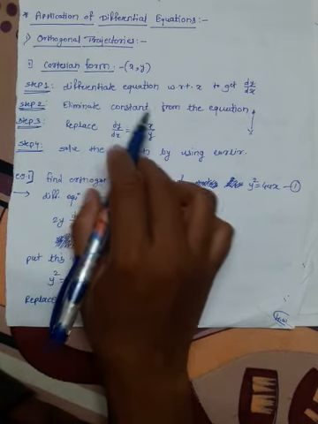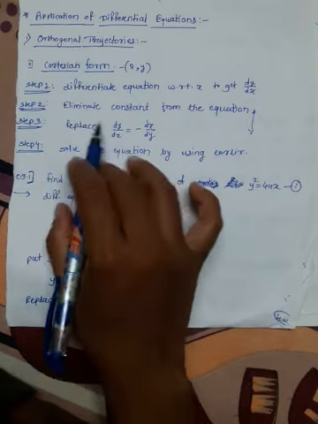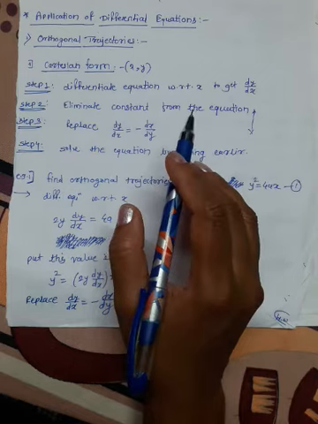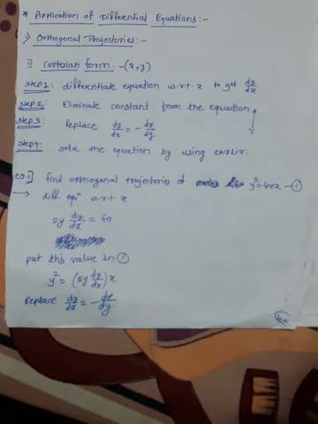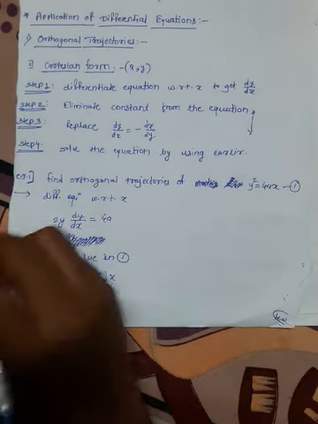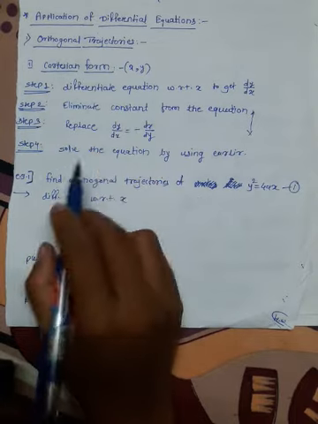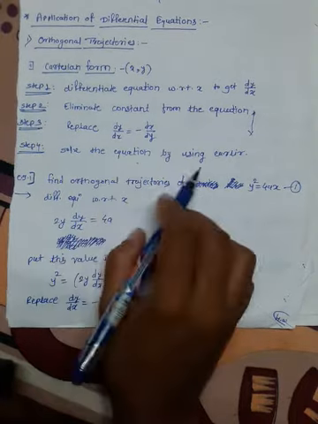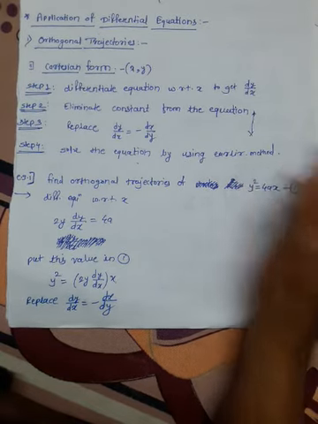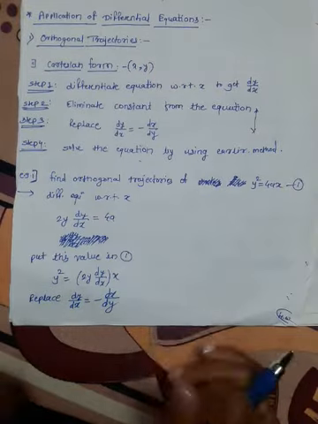You can do the constant elimination and then replace, or you can replace first and then eliminate the constant. According to the example, it is okay to exchange these steps. The last step is, once we replace and eliminate the constant, we have to solve the given equation using any earlier method. Let us see an example based on these steps.